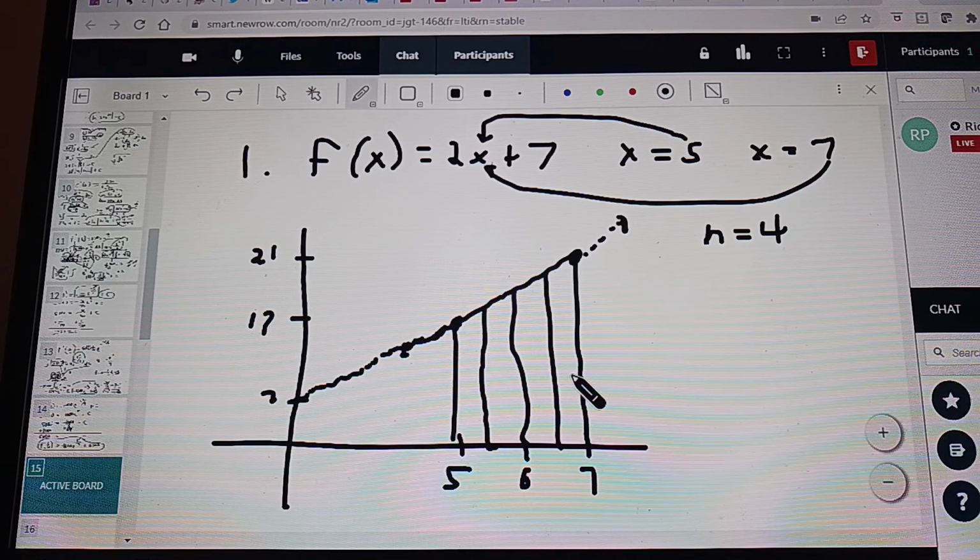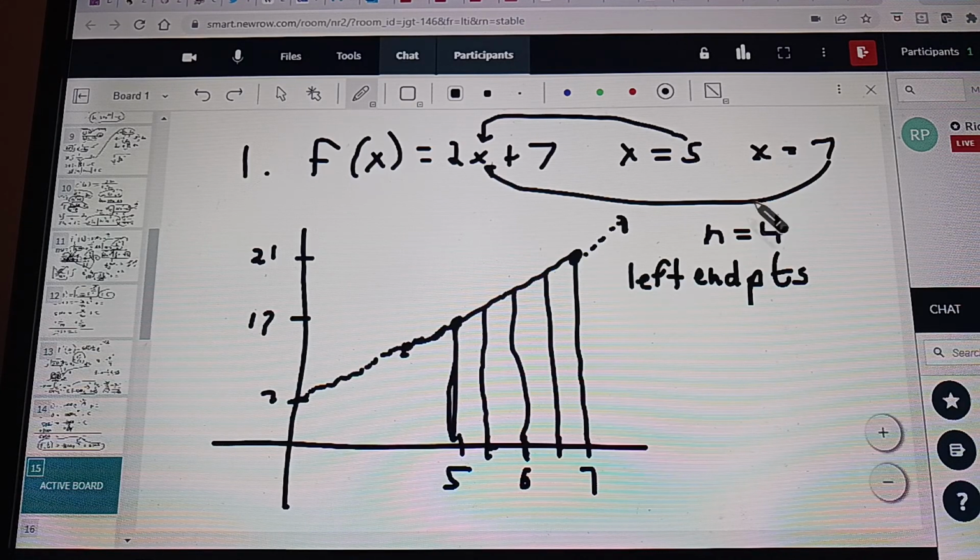And you can do it from the left or from the right. So they want you to do left first. These are what are called left endpoints. The left endpoints would be 5, 5.5, 6, and 6.5.